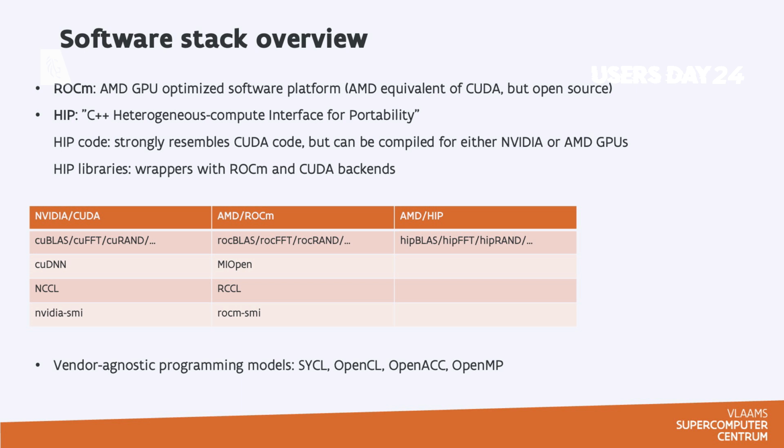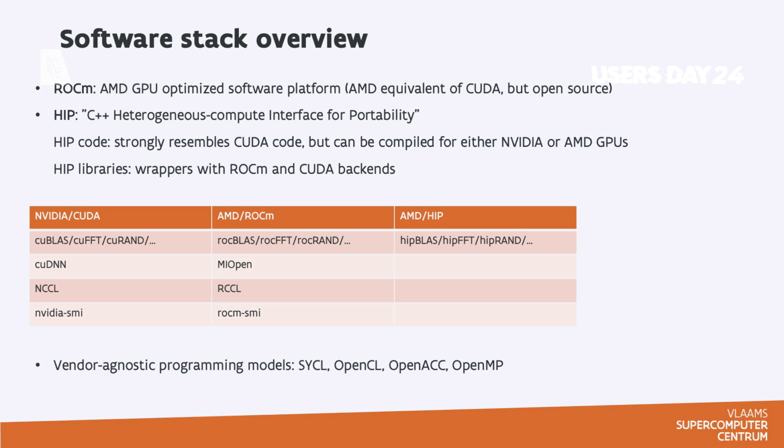And just like you have the various CUDA and ROCm libraries, you also have HIP libraries, which basically wrap around both of them. So you can have one code which makes use of these vendor-optimized libraries, and the same code can call either type of library depending on the platform that you're compiling it for.